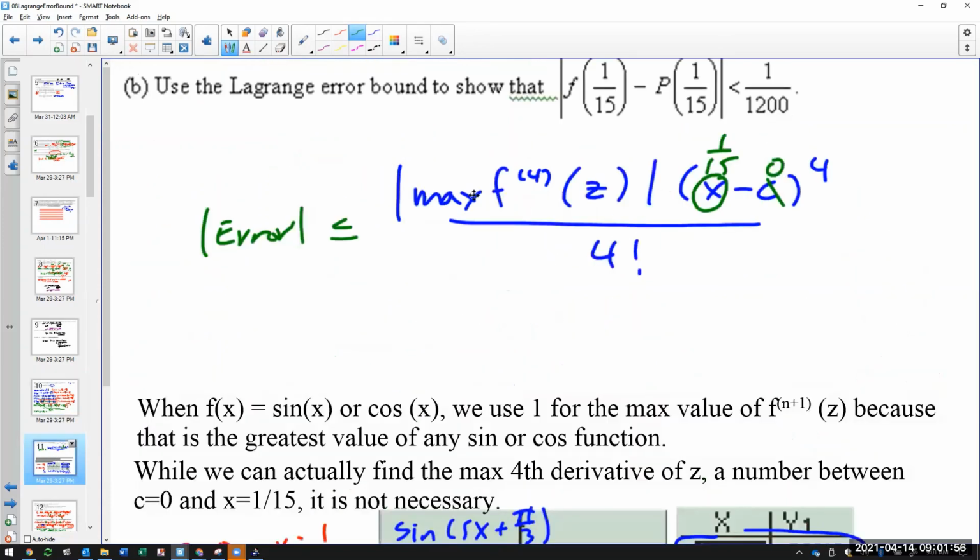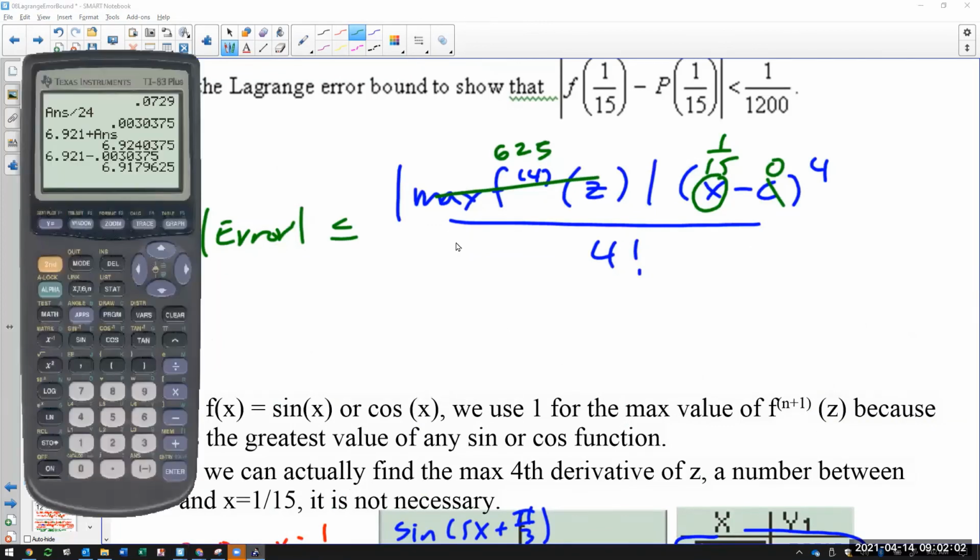So what you're going to do is take 625 and put it in here, and then calculate that. So this is going to be 1 over 15 raised to the 4th power. So 1 divided by 15, I'm going to take that number and raise it to the 4th power. Okay, I'm going to multiply it by 625, and I'm going to divide it by 4 factorial, so I'm going to divide it by 24.